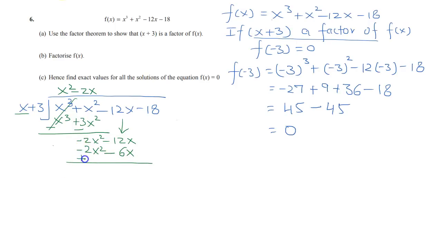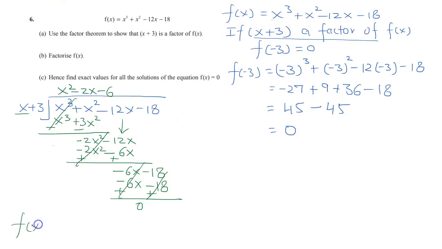This is negative, so change the sign, make it positive, cancel. Minus 12 plus 6 is minus 6x minus 18. If I multiply it by minus 6, I have minus 6x minus 18. If I change the sign, that is 0.